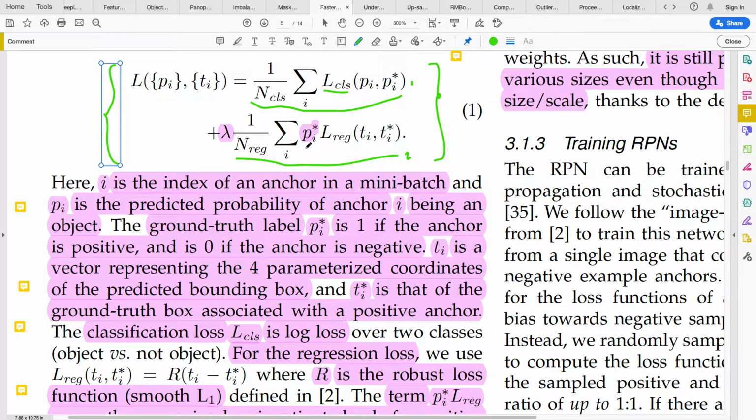It would be wasted work trying to do any calculation. So because of that, they threshold this based on the probability of the ground truth.